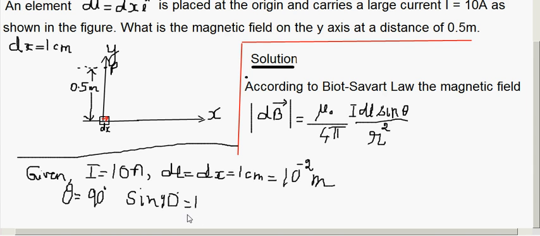Also we know mu naught by 4 pi is a constant equal to 10 to the power minus 7 Tesla meter per ampere.